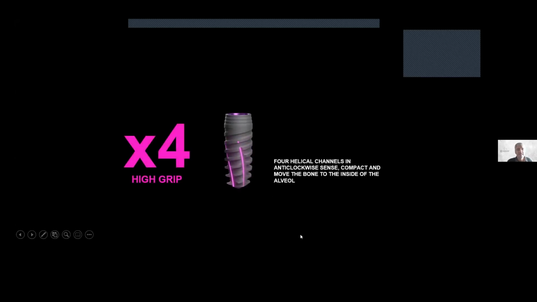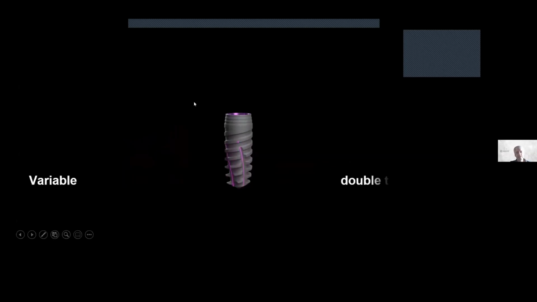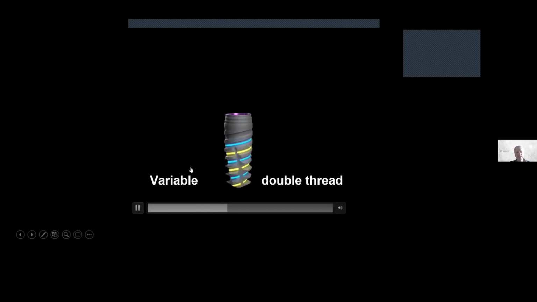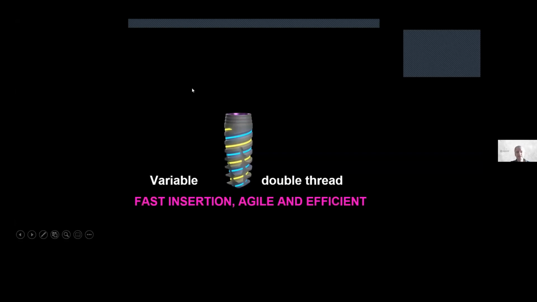These kind of designs with these helical channels that turn anti-clockwise make a compaction of the bone. The bone gets inside these channels and goes inside these spaces to give more primary stability. Okay, these threads also make the insertion in the bone easier.